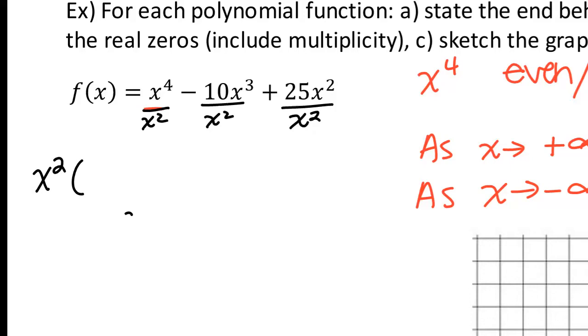And then x to the 4th divided by x squared, that's 4 minus 2 gives us x squared, minus 10. X cubed divided by x squared, that's 3 minus 2 gives you x to the 1st, plus 25. And x squared divided by x squared goes away. And then I have my trinomial.